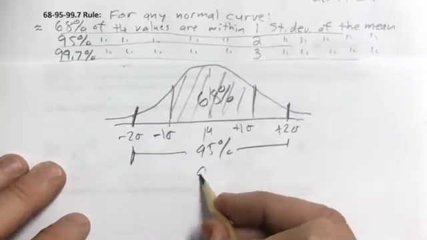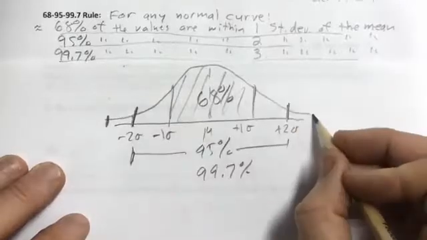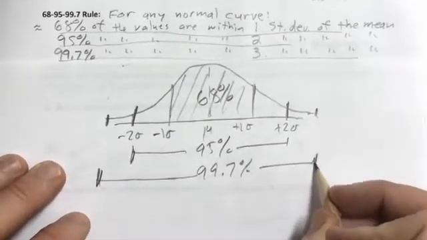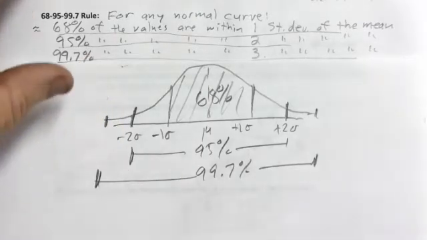And then 99.7%, or most all of the curve, is within 3 standard deviations. Roughly, those are rough estimates. And so you have to know the 68, 95, 99.7 rule.